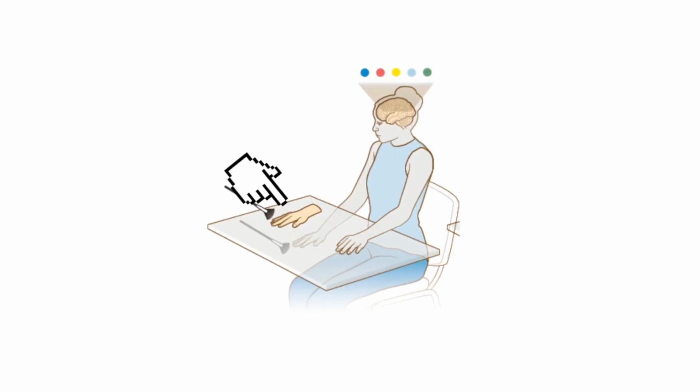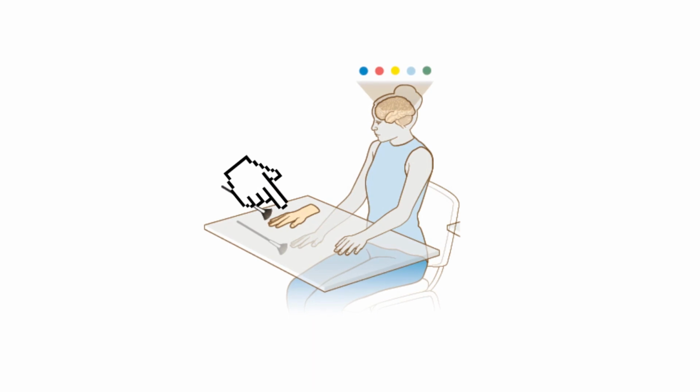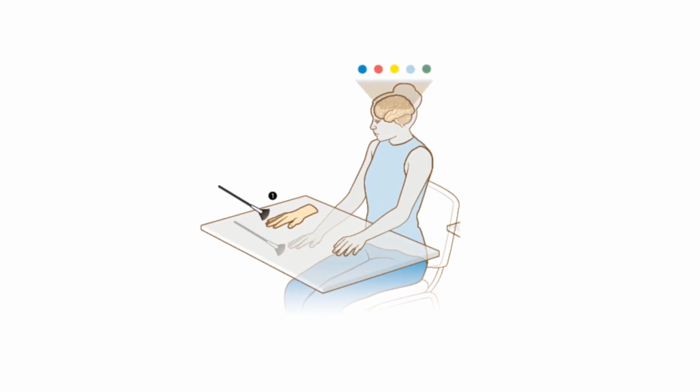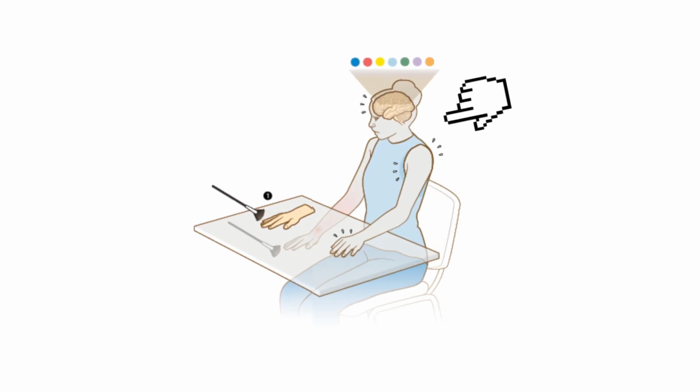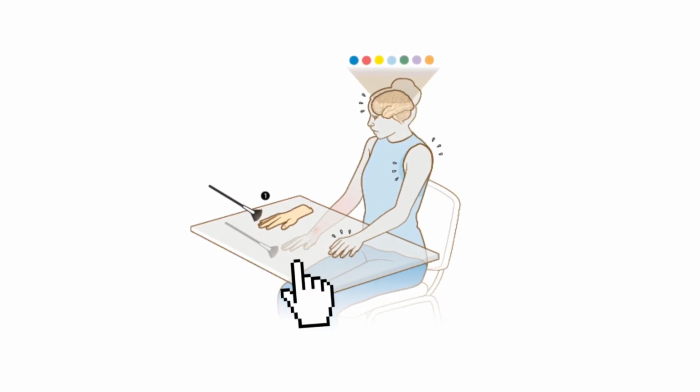For example, in the rubber hand illusion, a fake hand is placed where usually a real hand is, and the real hand is hidden. You see something which looks like a hand, is where a hand should be, and is being touched, and you simultaneously feel a touch to your real hand.